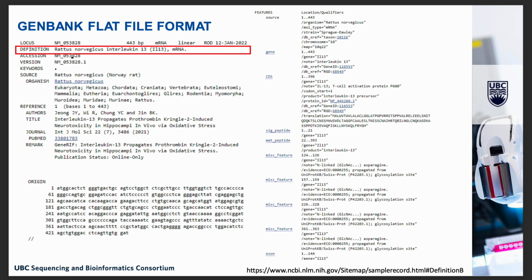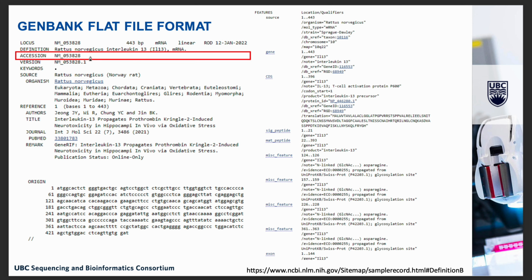You can see in the definition, this is the Rattus norvegicus interleukin 13 gene. This is the human interleukin 13 gene and its messenger RNA sequences. In the follow-up slides we will also see what the meaning of NM and the different others is.